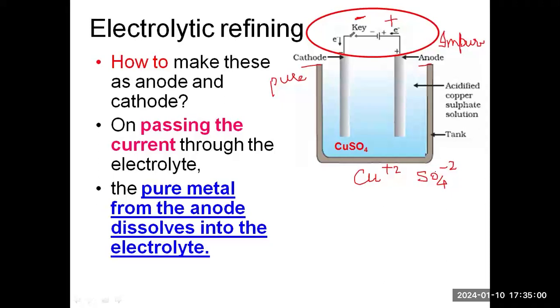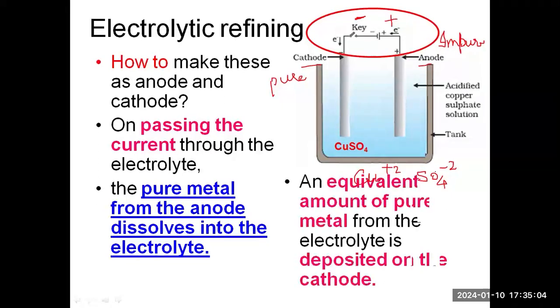Copper sulfate breaks down into copper and sulfate ions. Now, these Cu2+ ions, being cations, get attracted towards the negative electrode, the cathode. They get attracted towards the cathode and start depositing over there.